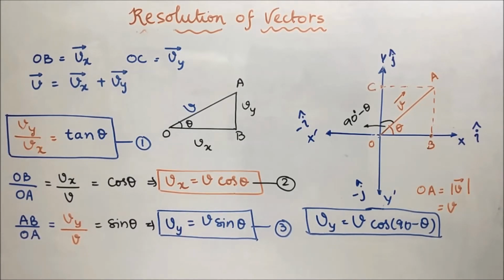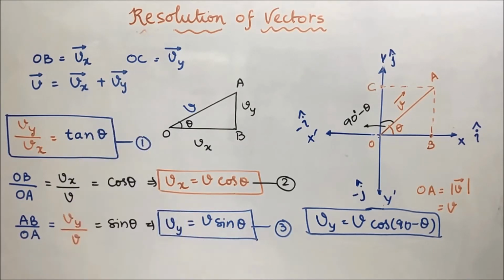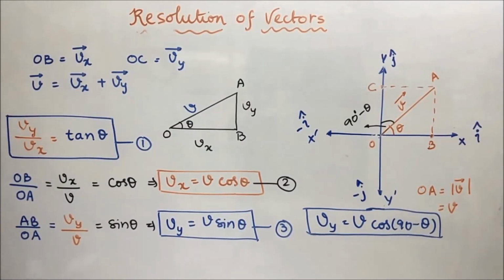Can you guess what would be the direction along z-axis? It will be denoted by unit vector k cap. So x y z, i j k. So now I can write this equation like this.